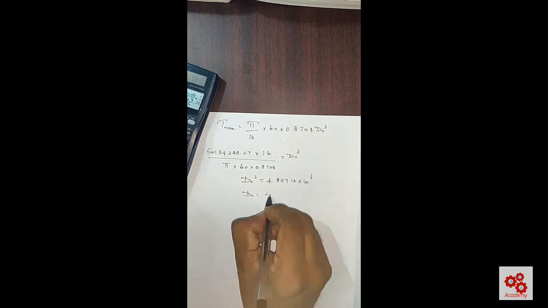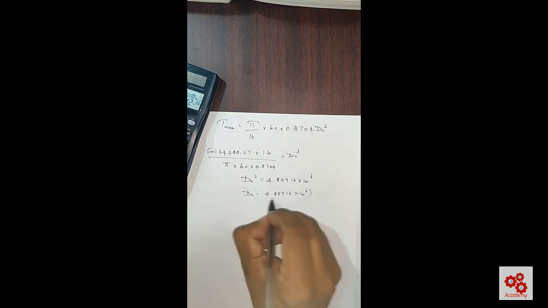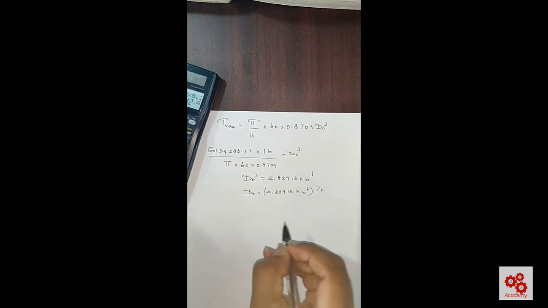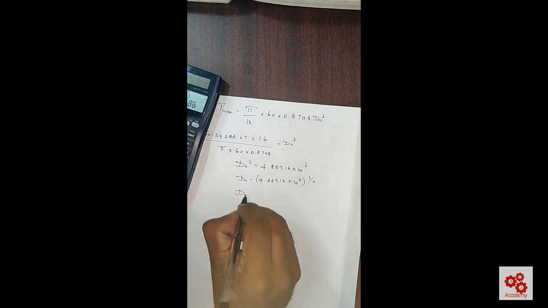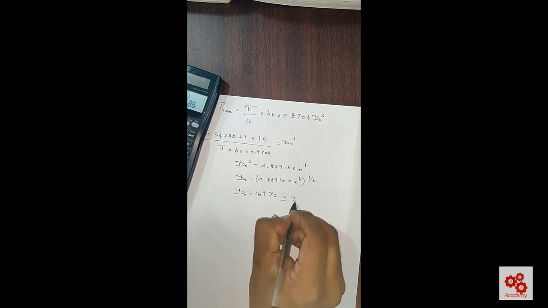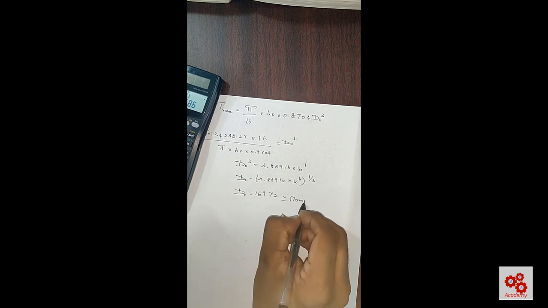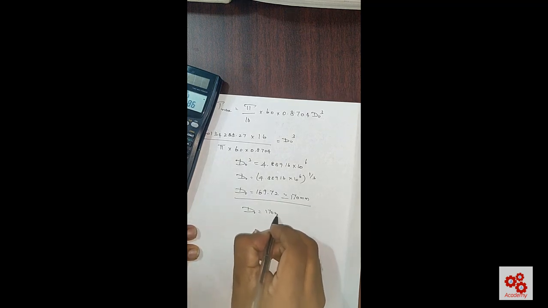So d naught is equal to 4.88916 into 10 to the power 6, whole power 1 divided by 3. The d naught value is 169.72, more or less equal to 170 mm. We take d naught equal to 170 mm.